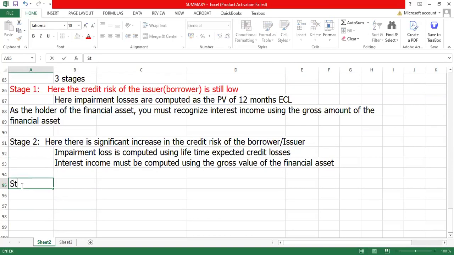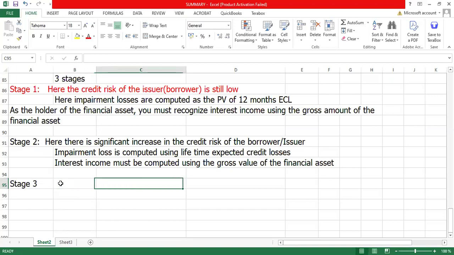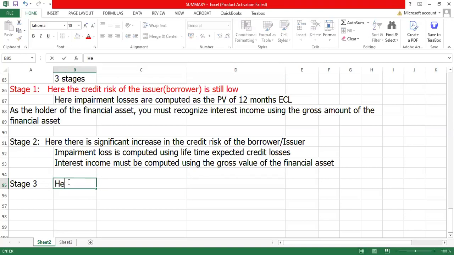Then stage three, the last one. Here there is objective evidence of credit impairment.